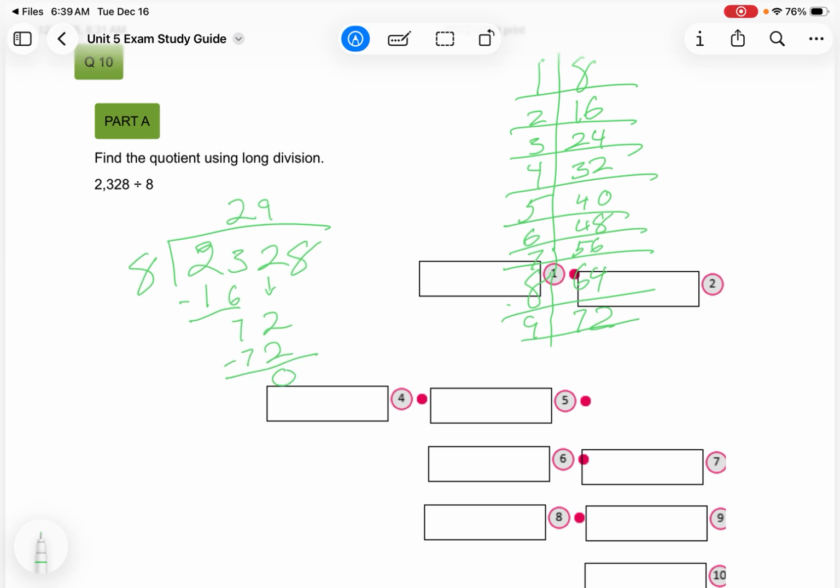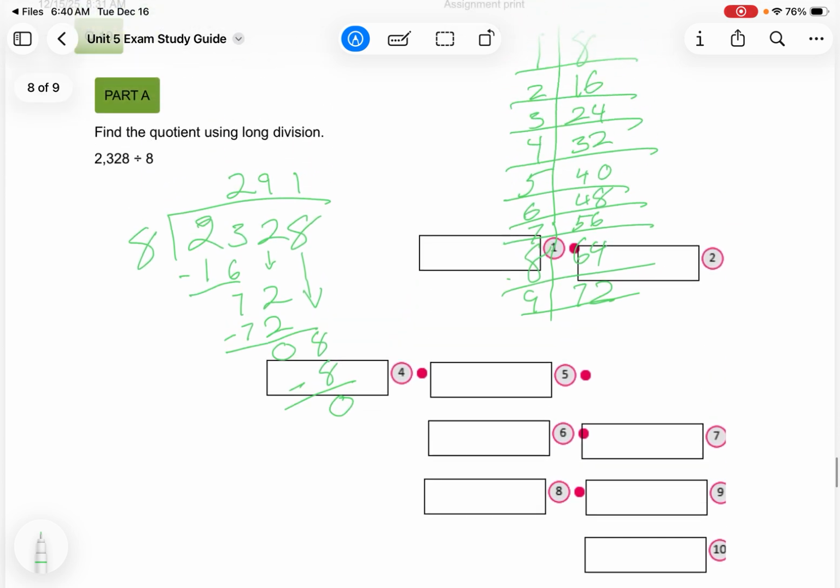We subtract, we get 0. Bring down the 8. Well, 8 goes into 8 1 time. 1 times 8 is 8. Subtract, and we get 0.